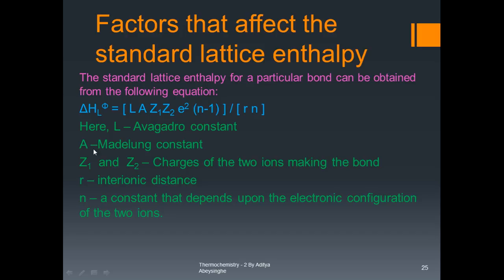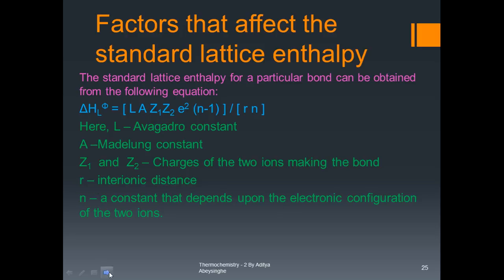And Z2 for chlorine is a negative ion, so that will be minus 1.602 times 10 to the power minus 19 coulombs. E is the charge, R is the ionic distance, and N is a constant that depends upon the electron configuration of the two ions. So if you want to calculate this, you need to know the values of A and N, and also R, the inter-ionic distance. If you know those values, you can calculate the standard enthalpy.